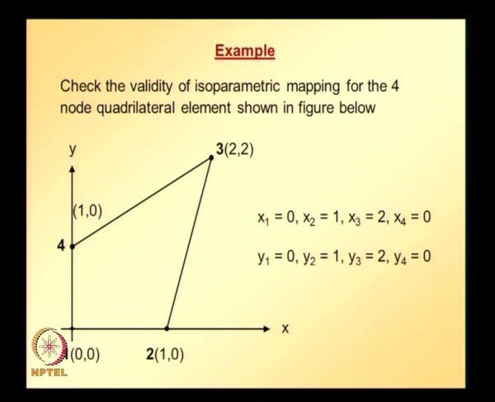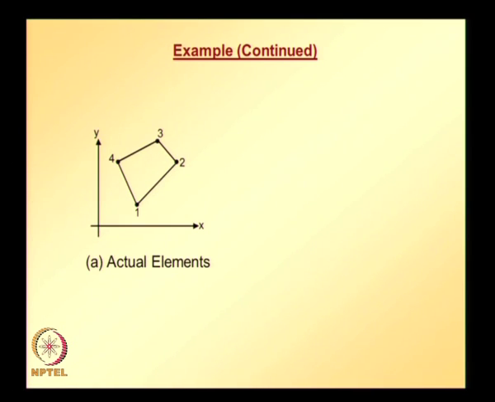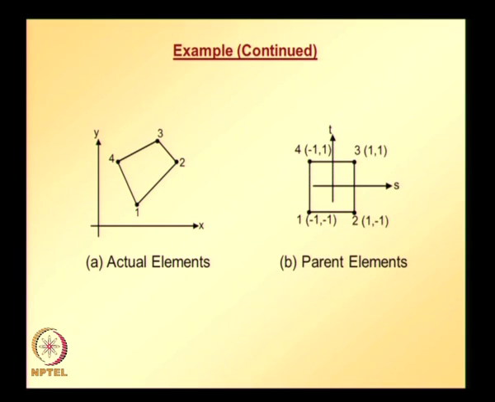Before we proceed with writing the expressions for mapping, we need to know what are the shape functions for a 4 node parent element in terms of s and t. So, consider a 4 node quadrilateral element shown here in the first figure.